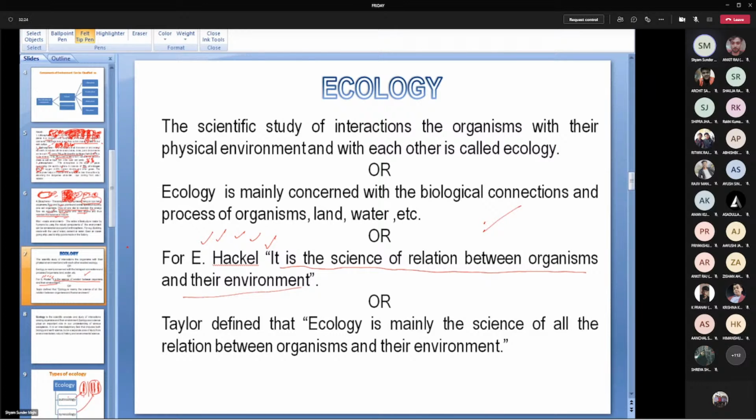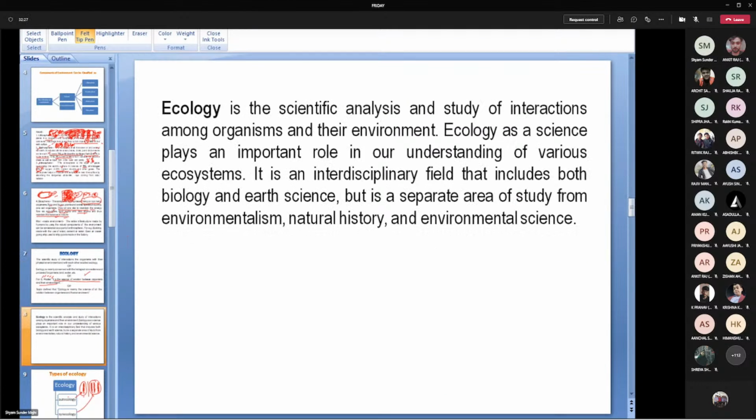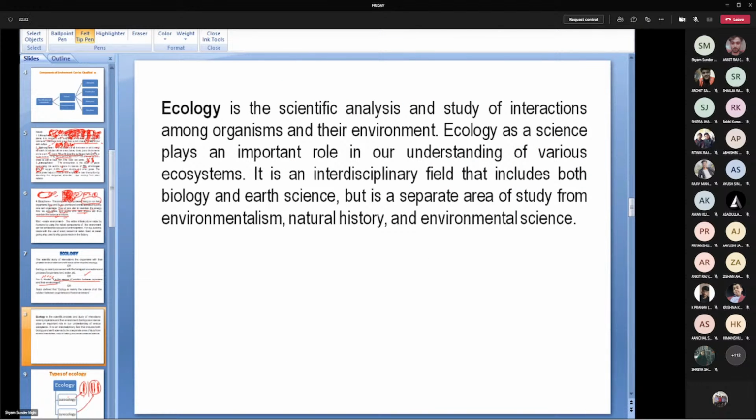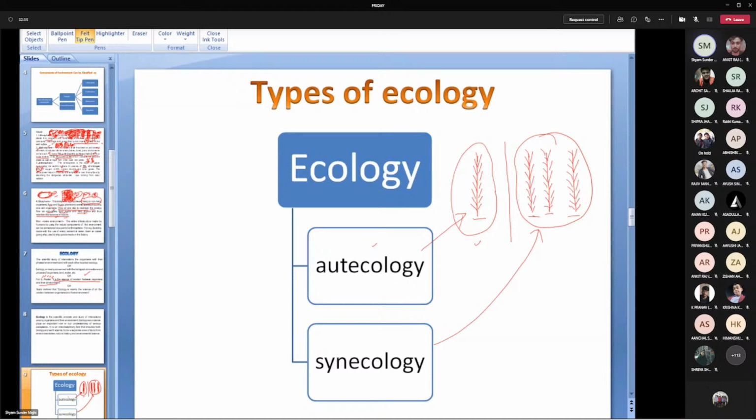Now, ecology basically has two types: autoecology and synecology. So what is the difference between autoecology and synecology? Write a simple line, very easy. What is the meaning of a single plant here, or three plants here? That means how you will write the answer.